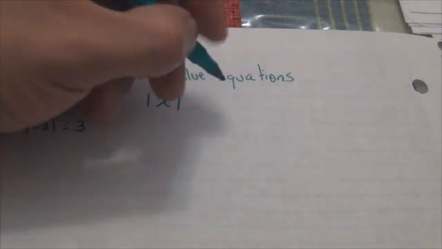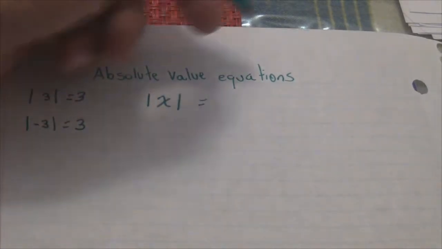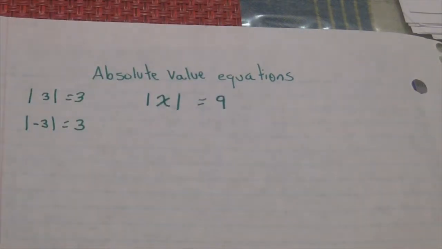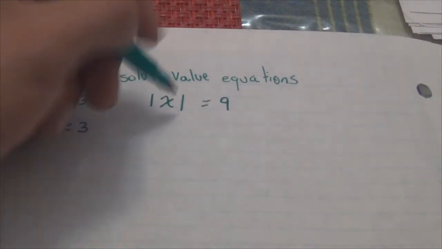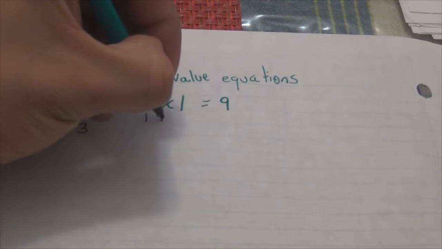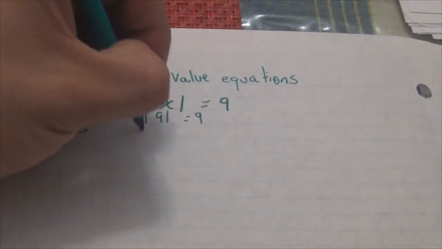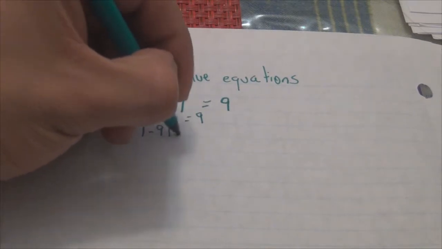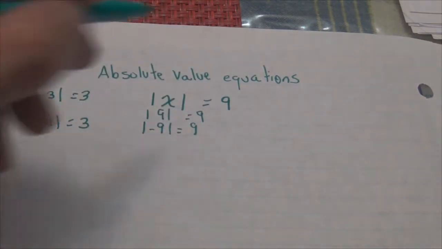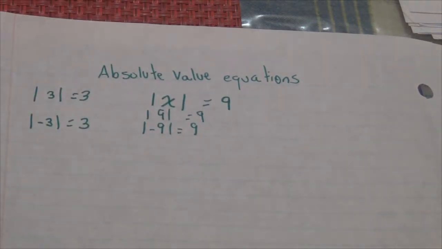By the way, these bars denote absolute value. So let's say the absolute value of x, any number, is 9. Well, what does that mean? What can x be? Well, x can be 9, or x can also be -9. Because the absolute value of -9 is also 9.